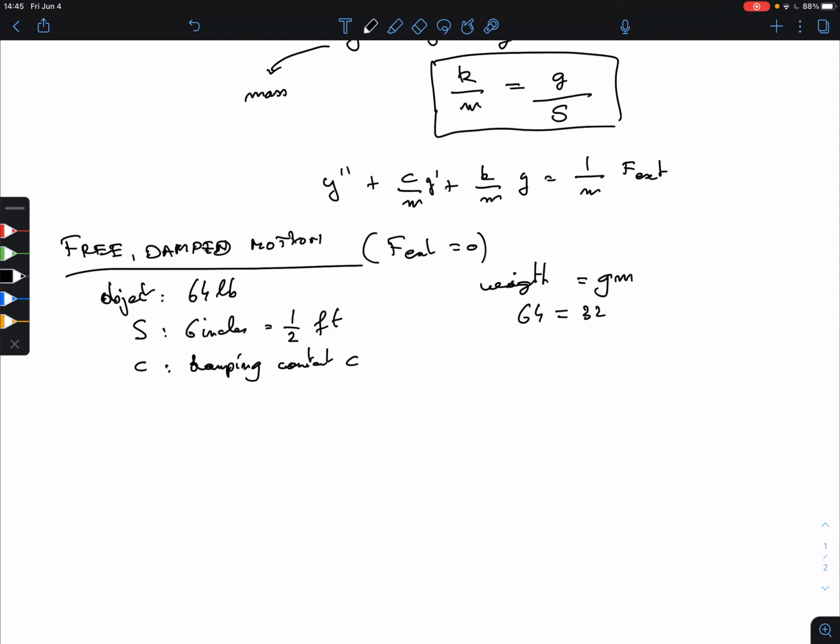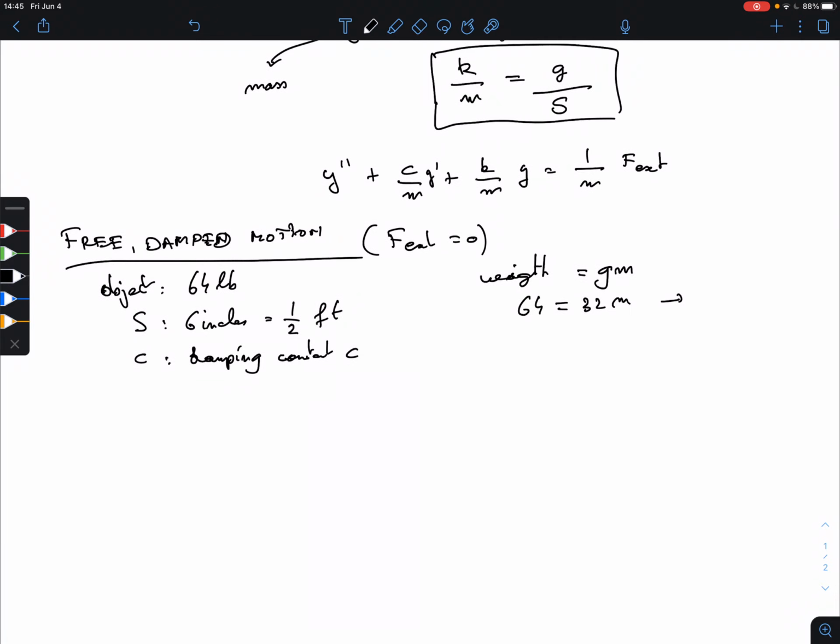Using the metric system, it's 9.8 meters per second squared. Okay, so 64 is 32 times the mass, so it follows that the mass is 2. So this is an object with mass 2.